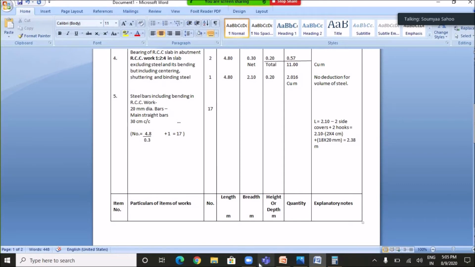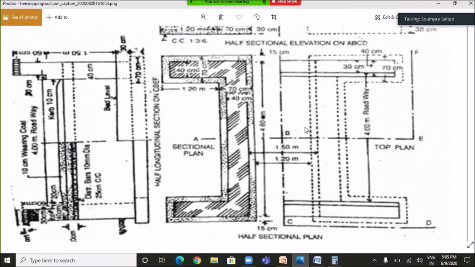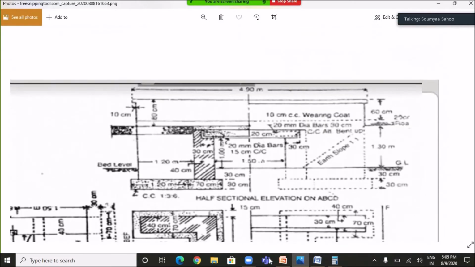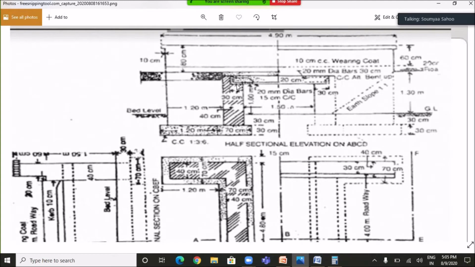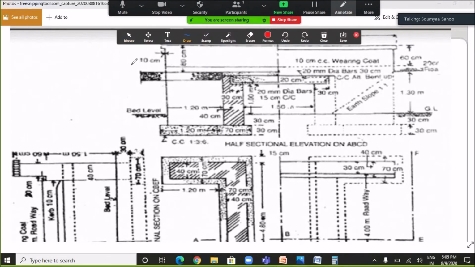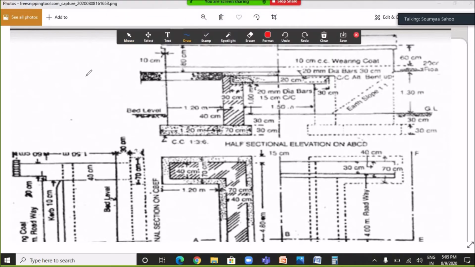See again the figure here. In order to find out this length, we have to follow the BBS.